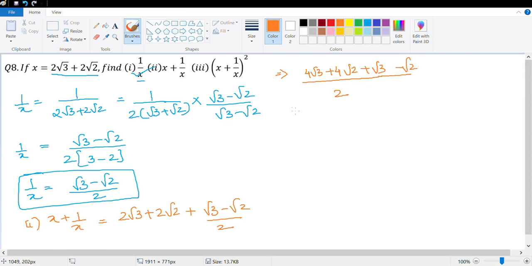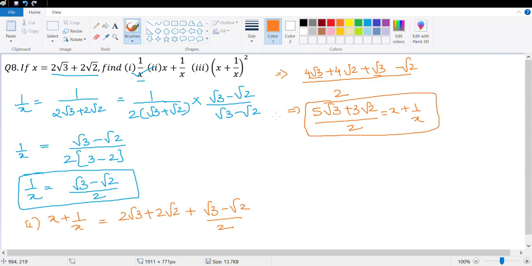So this gives us 4 root 3 plus root 3, that's 5 root 3, and 4 root 2 minus root 2, that's plus 3 root 2, divided by 2. So that's the value of x plus 1 upon x. Done.